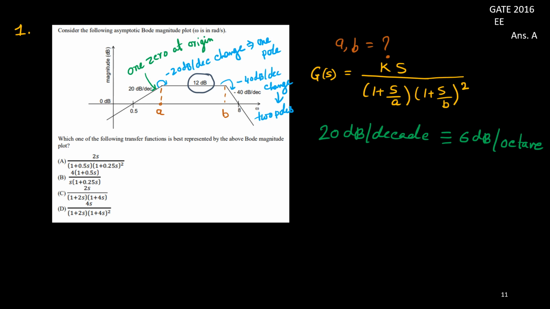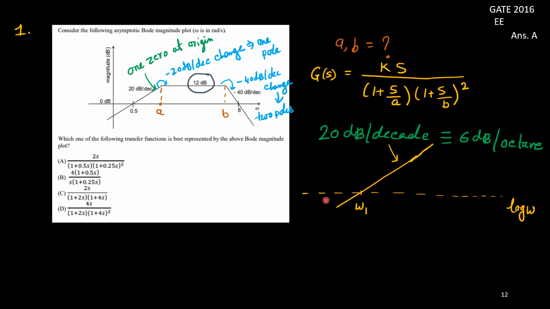Right, so we need to discuss this thing more. Suppose this is the slope, that is your 20 dB per decade. Okay, this is a log axis. At omega 1, suppose some value is there on the dB scale.